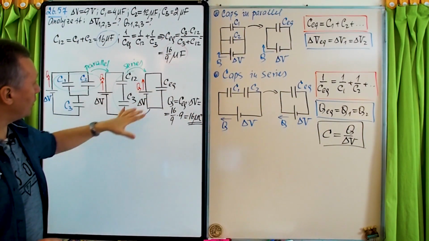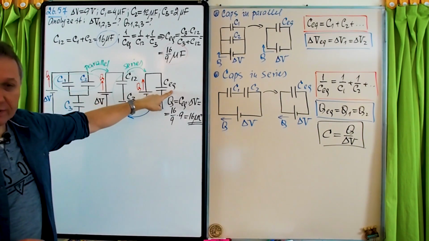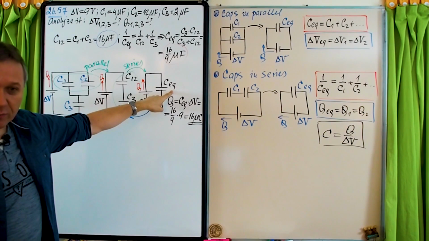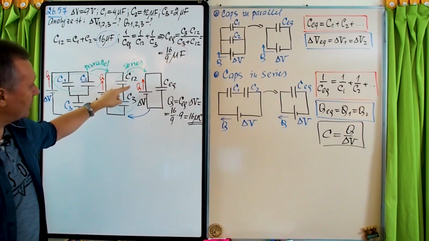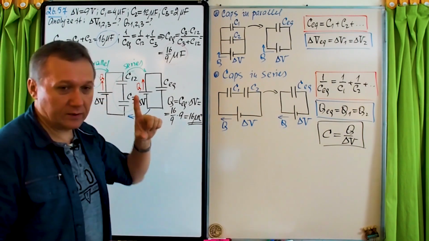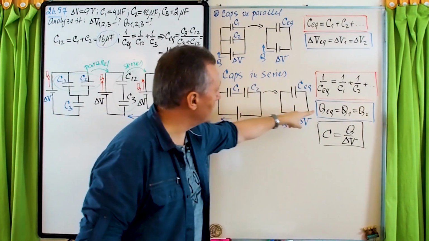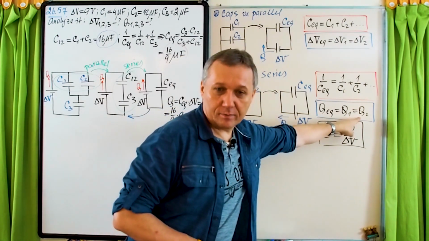Look, how can we go back to this? This equivalent capacitor replaced which capacitors? This one and that one, connected in series. What do we know about capacitors in series? Charges are the same.